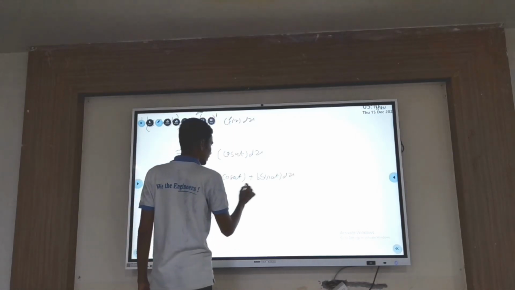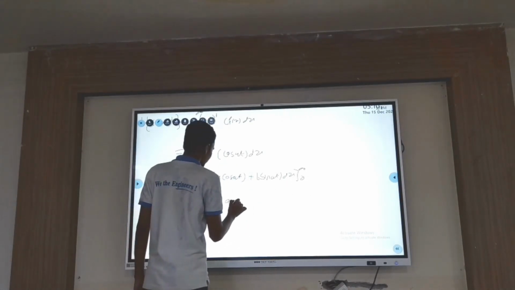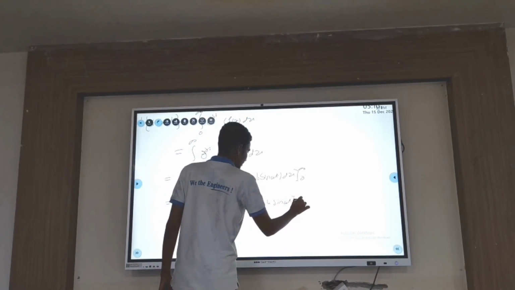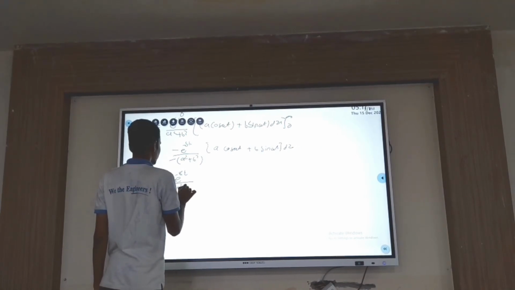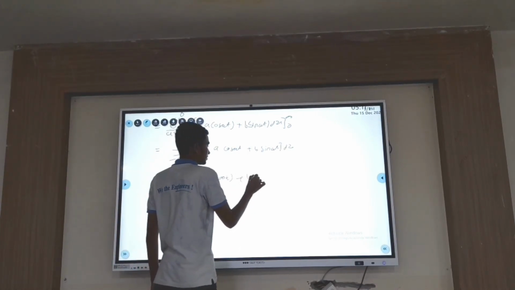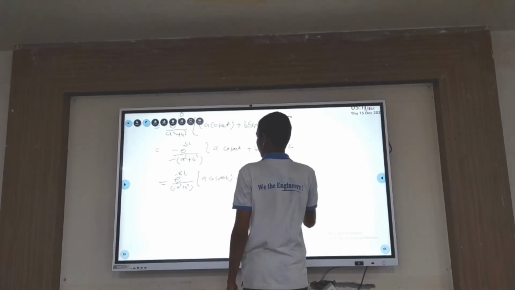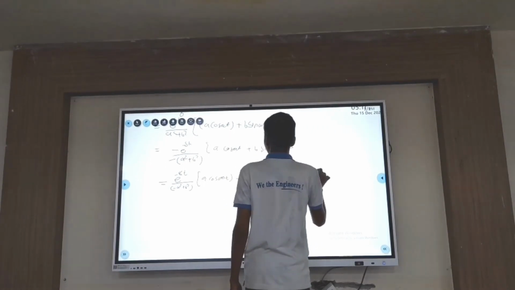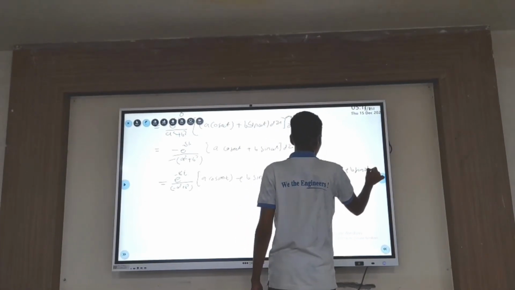In this bracket we put the limits in this equation. So we get a cos bt plus b sin bt dt. Upper limit e raised to minus infinity upon a squared plus b squared, a cos infinity plus b sin infinity, dt, minus lower limit e raised to minus 0t upon a squared plus b squared, a cos 0 plus b sin 0, dt.